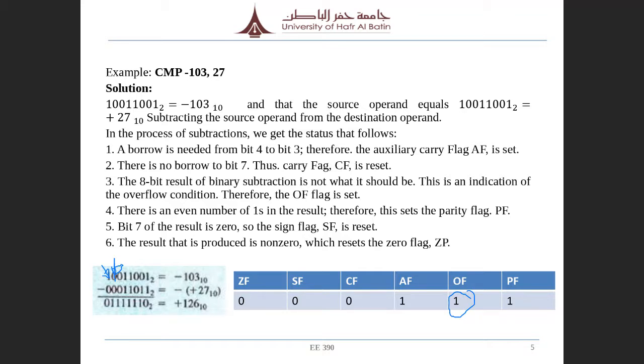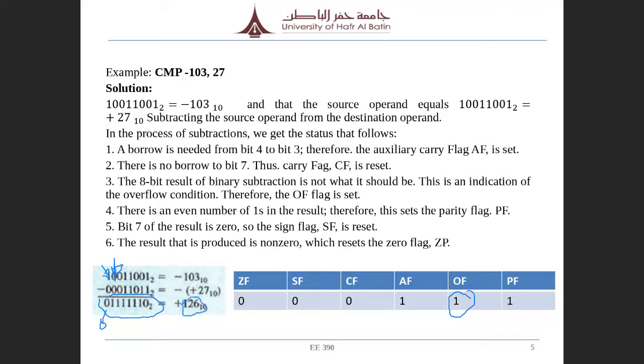And what does it mean? It means that the result is not sufficient. The 8 bits are not enough for the result. You can check it here. The result is this one, and the MSB bit is 0, which means it is a positive number. If we convert the magnitude to decimal, it is 126.